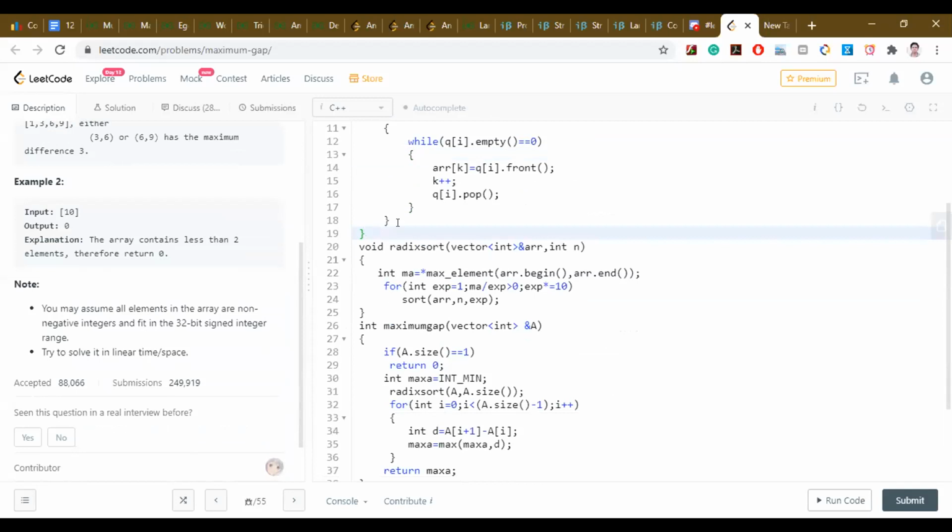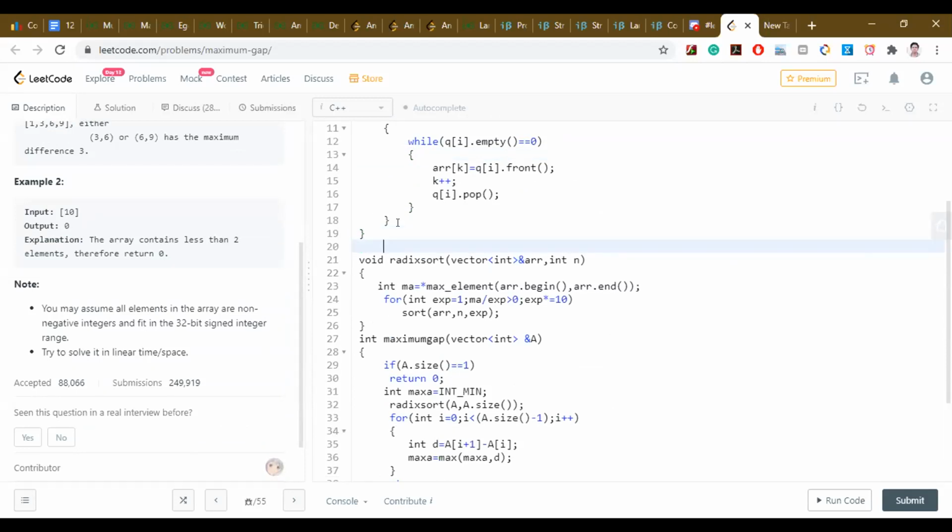What I know is that the complexity is d times (n plus b). Here b is the base of the digit, n is the number of elements, and d is the maximum number of digits in the maximum element of the array.